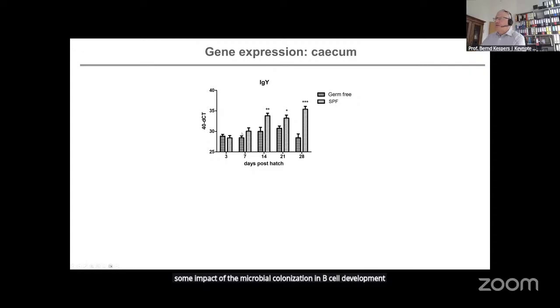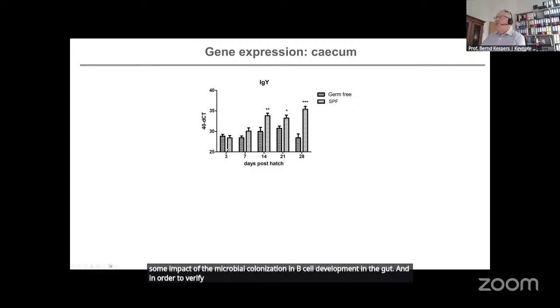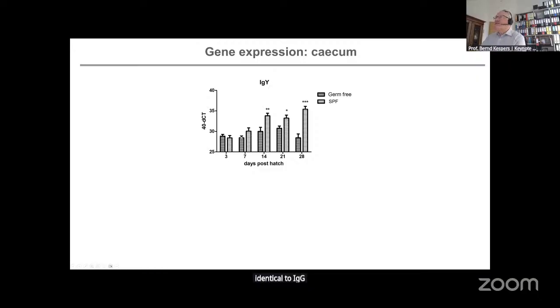And in order to verify this, we did qPCR studies for, in this case, IgY, which is identical to IgG in mammals. And as you can see here, initially we did not see much of a difference.